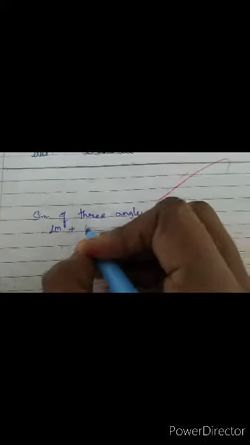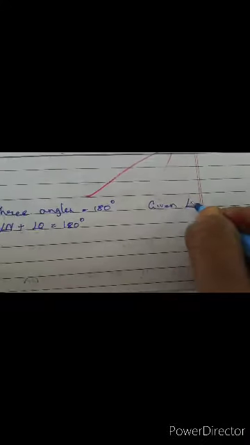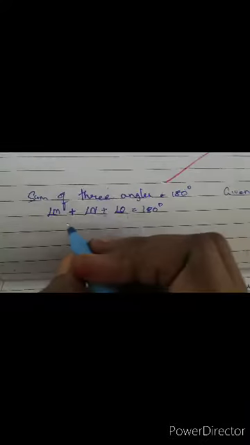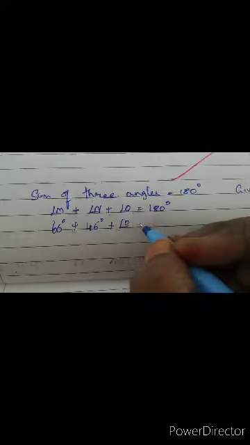Now the given angle M plus angle N plus angle O should be equal to 180 degrees. What is given in the question? Angle M equal to 60 degrees and angle E equal to 45 degrees. So here, 60 degrees plus 45 degrees plus angle O, which we are going to find, equal to 180 degrees.